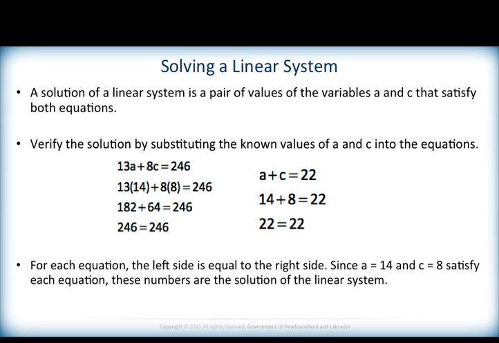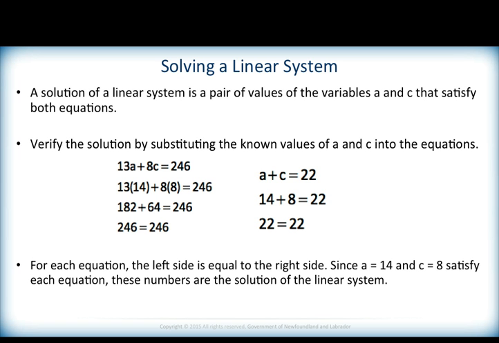Oftentimes you may be given values for a and c and be asked if this is the correct solution. In order to verify that solution, you have to substitute the known values of a and c into the equations. The left-hand side of the equation must equal the right-hand side.